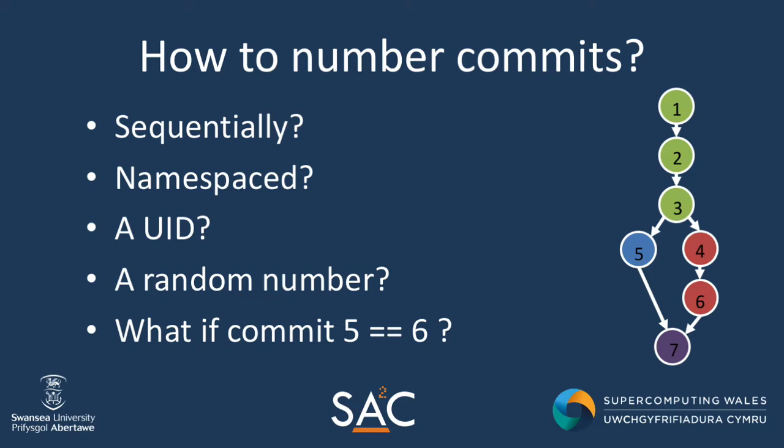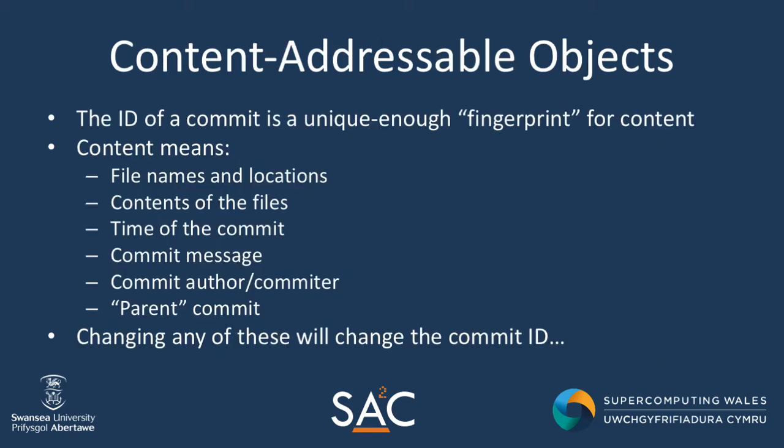So Git actually does something really clever and takes this a little bit further and essentially addresses all of the commits by their content. So the idea of a commit is a unique enough fingerprint for content, for everything in that commit. Content means file names, locations, contents of the files, times of the commit, message, commit author, and parent of the commit.